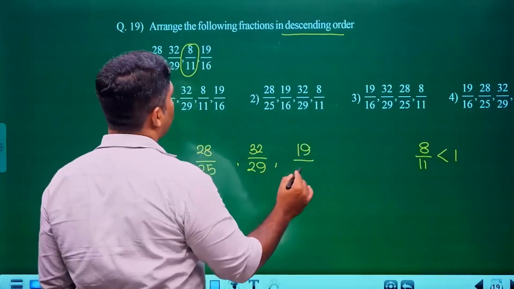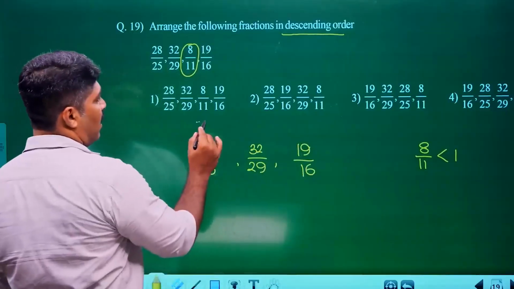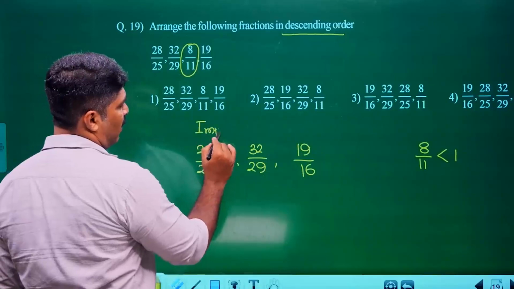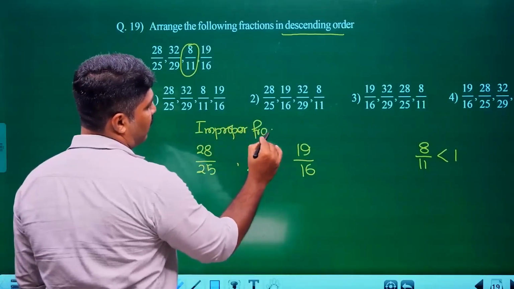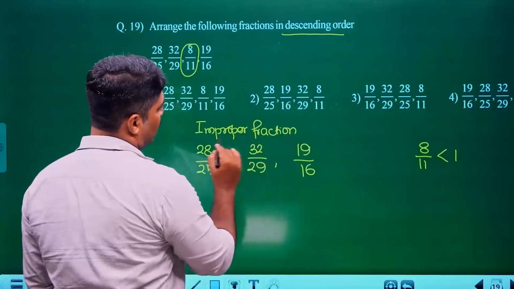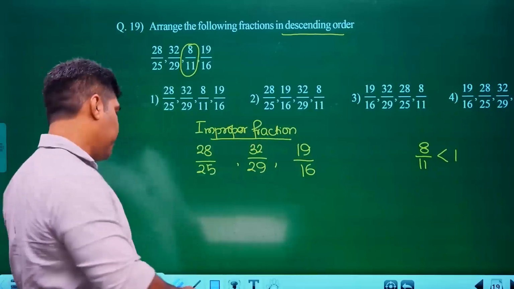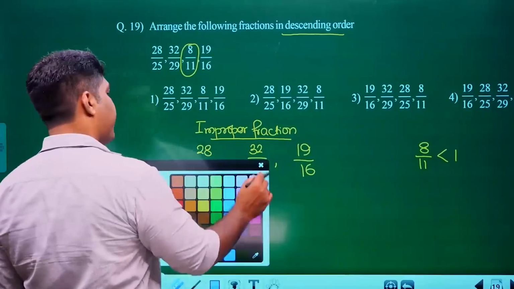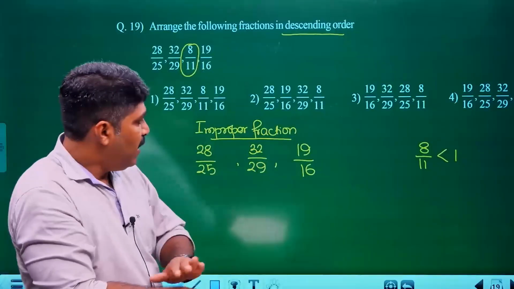That is also an improper fraction. So these all are improper fractions. Earlier we discussed one comparison rule related to proper fractions. Now these are improper fractions, so let us see whether there are any interesting peculiarities or relationships between these three values.